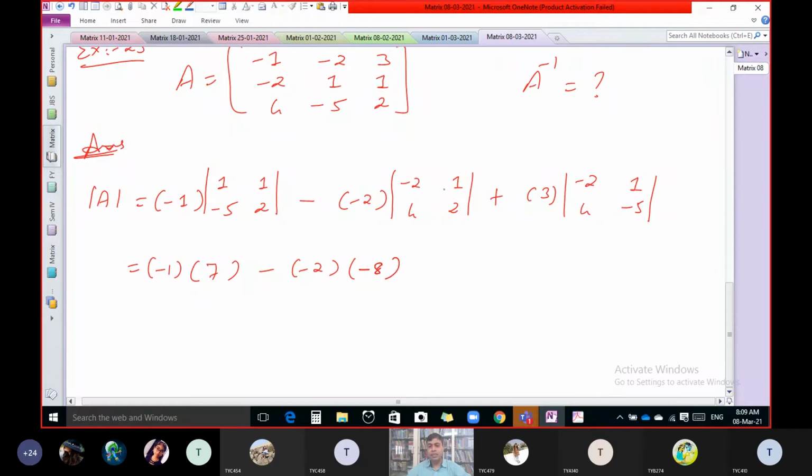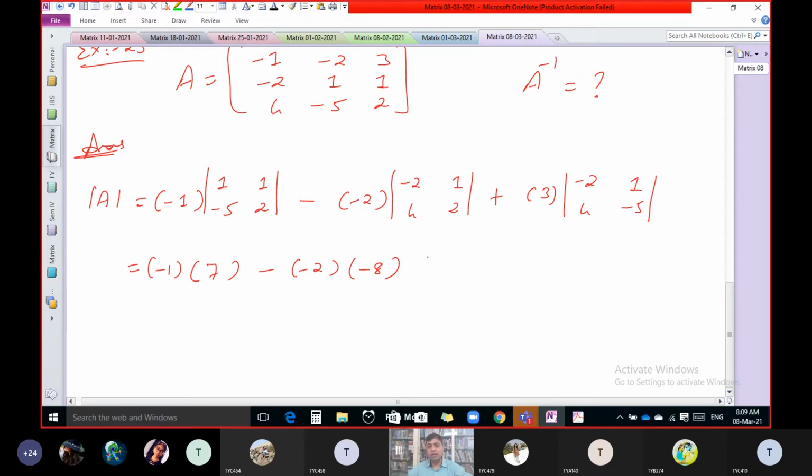Once again, listen. Multiply these two, so we get -4. Multiply these two, so we get 4, and there is a minus sign between these two numbers, so we get -4 minus 4, that is -8.